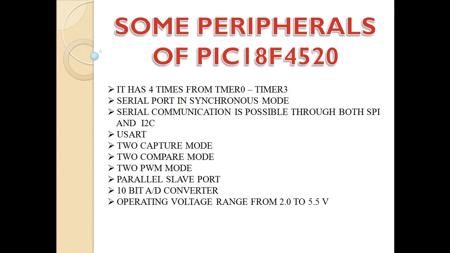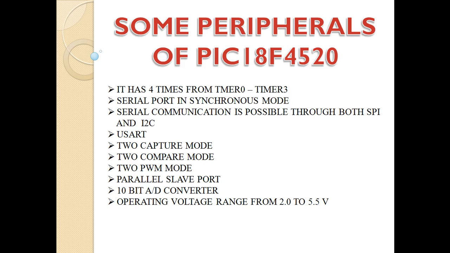Now coming to the peripherals of 4520, first of all it has 4 timers from timer 0 to 3. It has a serial port for serial communication, but eventually in synchronous mode only, though the communication is possible through both SPI and I2C. It also has built-in UART, that is universal synchronous and asynchronous receiver and transmitter. It has two capture compare PWM modes.